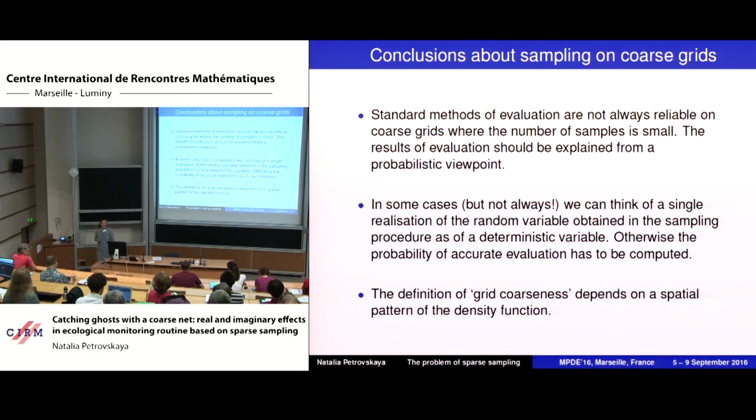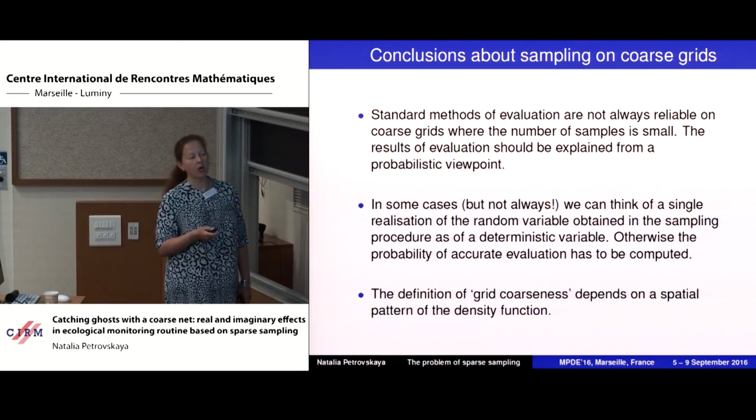In some cases, we can think of a single realization of our random variable as a deterministic variable, but in many cases we just cannot. And in this case, we have to try and compute the probability of accurate evaluation.